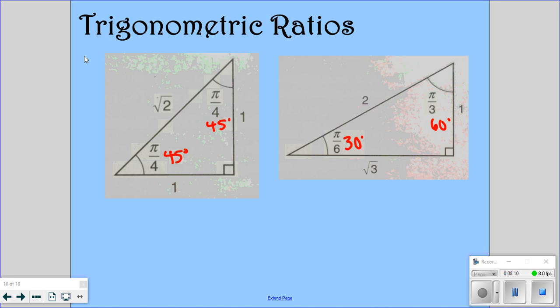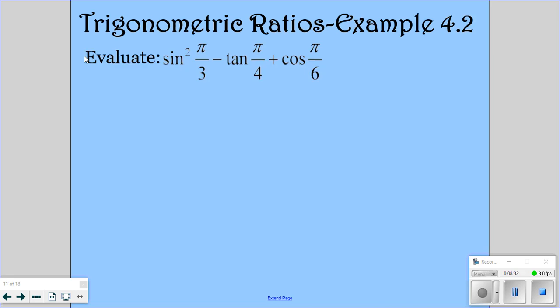These three, pi over 6, pi over 3, pi over 4, you need to get really familiar with, because they're going to be popping up a lot. If you just hate them, you can convert them every time, but it'll save you a little bit if you know the radians and the degrees without having to convert them back and forth. So hopefully you have those written down. If y'all need to pause the video to write them down, you can.